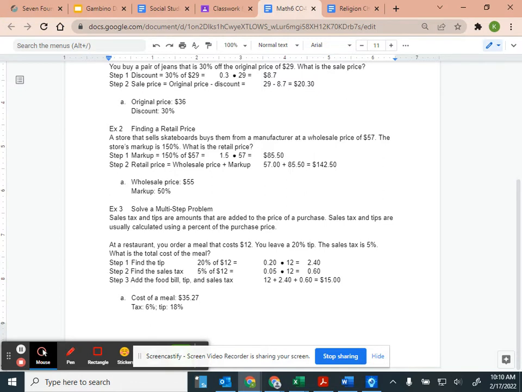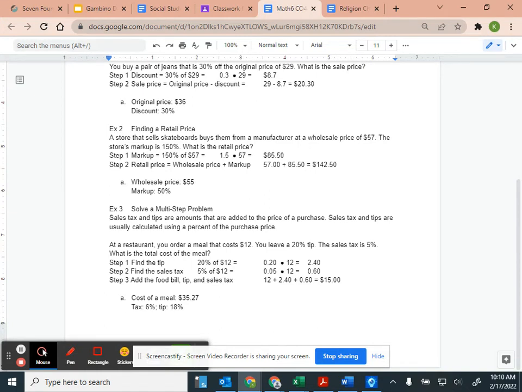Okay, focusing. So sales tax and tips are amounts that are added to the price of a purchase. Sales tax and tips are usually calculated using a percent of the purchase. At a restaurant, you order a meal that costs $12 and you leave a 20% tip because it was a spectacular waitress who was constantly filling your water and checking in, and you want to reward her for being very attentive.